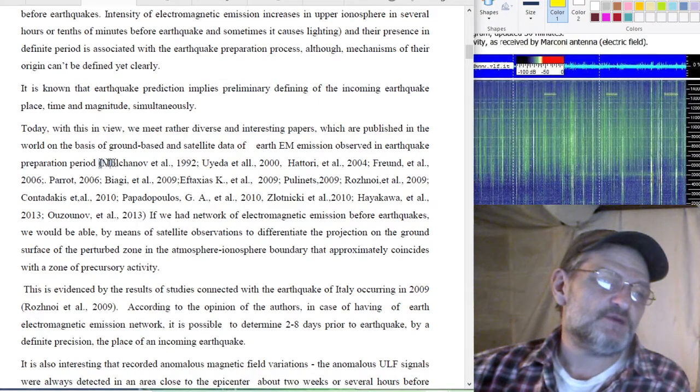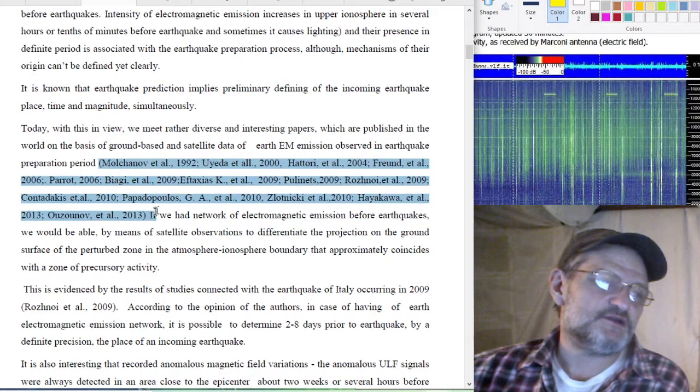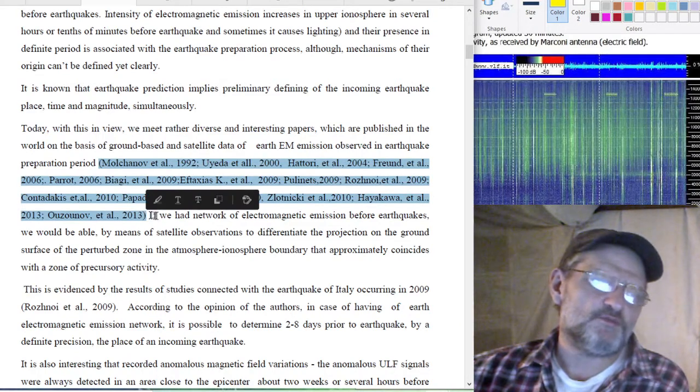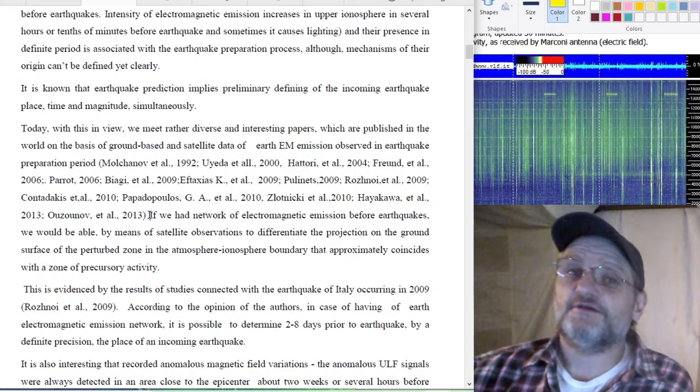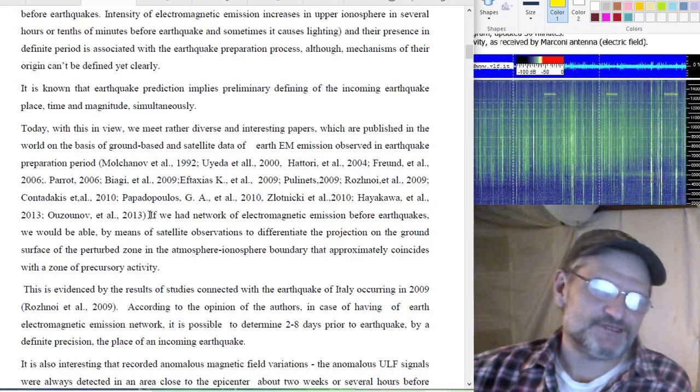I'm not going to say the names here; these are all the reports whose data he's going by. You'll have to read it yourself, or go there and check it out.